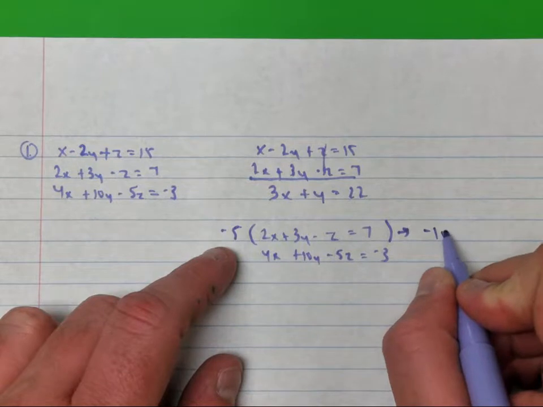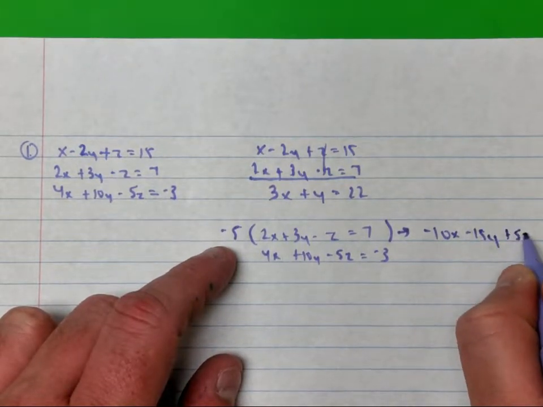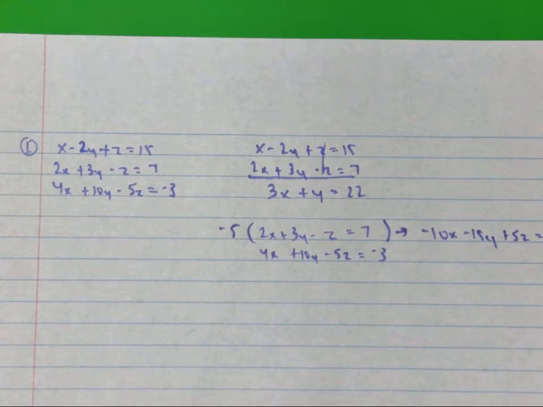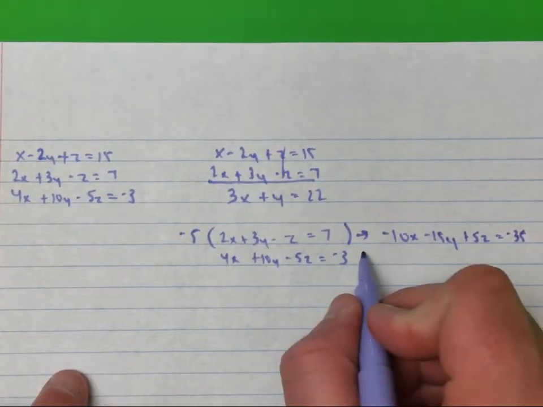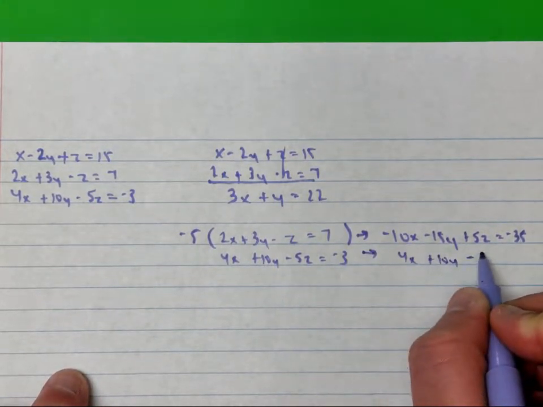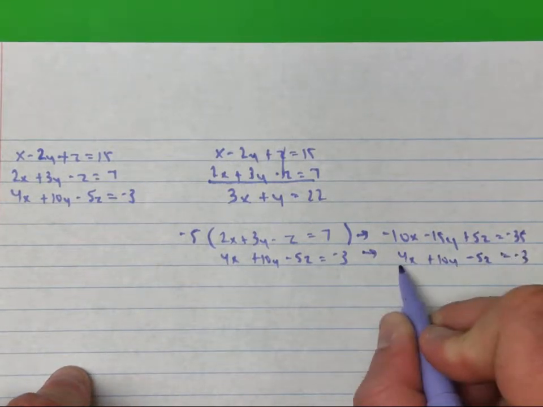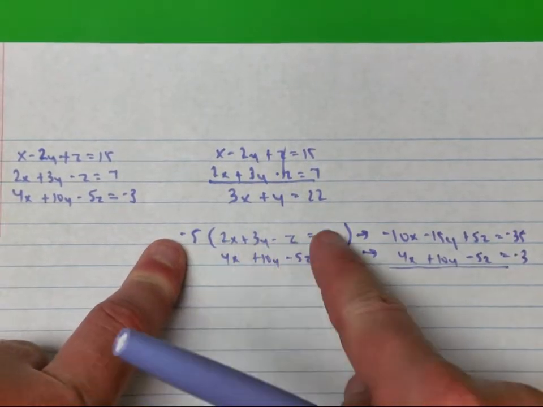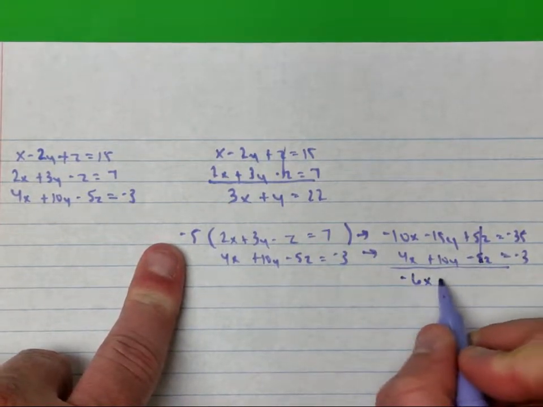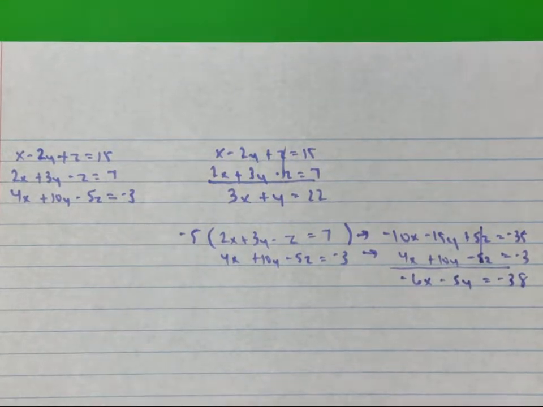That gives me negative 10x minus 15y plus 5z equals negative 35. 4x plus 10y minus 5z equals negative 3. Remember, when you multiply by negative 5, you multiply everything. These cancel out. I'm left with negative 6x minus 5y equals negative 38.